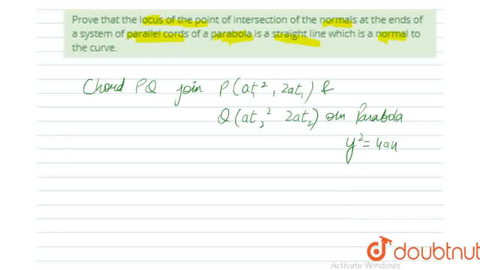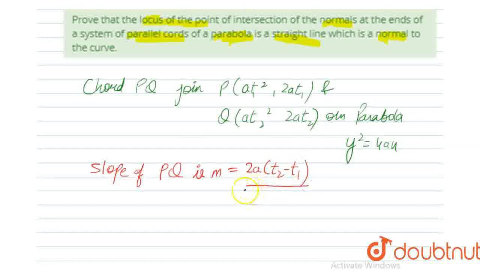we should find the slope of this line PQ. We can consider the slope of this line as m, and as we all know the formula, it will be (y2 minus y1) upon (x2 minus x1), so 2a (t2 minus t1) upon (t2 square minus t1 square).